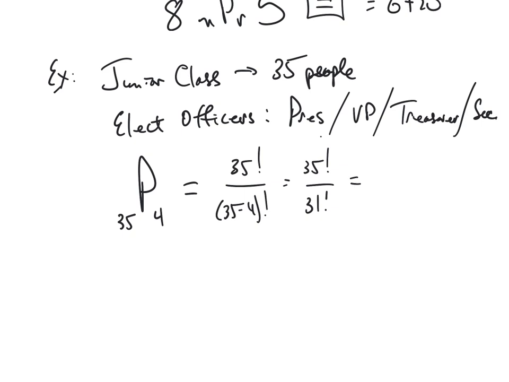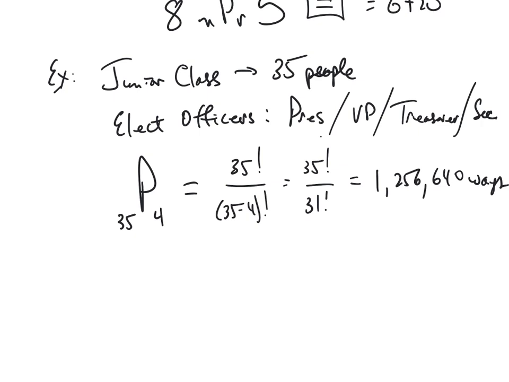And again, either do it by the formula or use the nPr function on your calculator, totally up to you. And what we should get then is 1,256,640. Meaning, from your class of 35, there would be 1,256,640 ways to elect a president, vice president, treasurer, and secretary. There'd be that many ways in which it could occur.